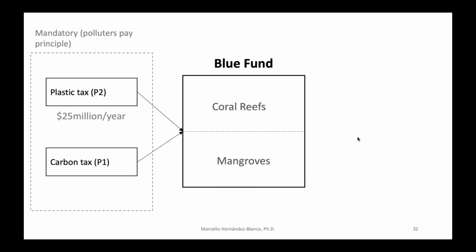And if we have another type of tax, a carbon tax, like the one that we already have for fossil fuels, for every liter of fossil fuel that you consume in Costa Rica, 3.5% of the gains from that liter goes to the forest fund.